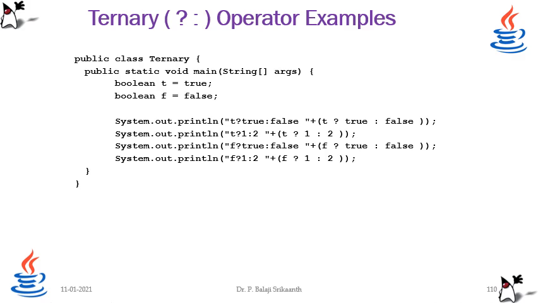Ternary operator example program. If the value is true, then true is printed, or else false will be printed. If the value of t is equal to true, then true will be printed, or else false will be printed. Okay.